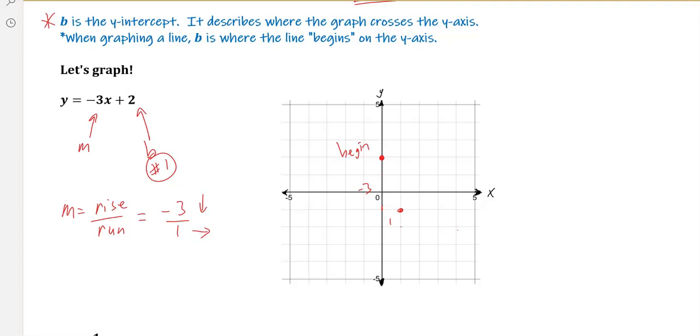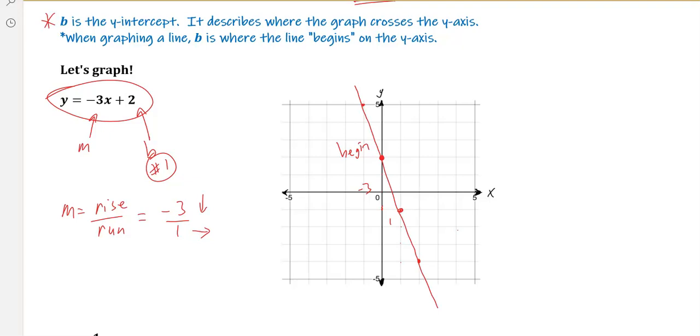Down 3, 1, 2, 3, to the right 1. And we go the opposite direction, up 3, back 1. So we have to connect all these points and make a straight line. We can graph using the slope-intercept form.